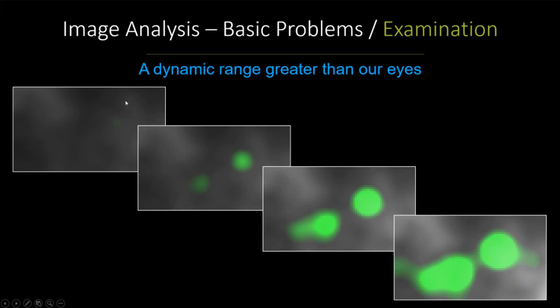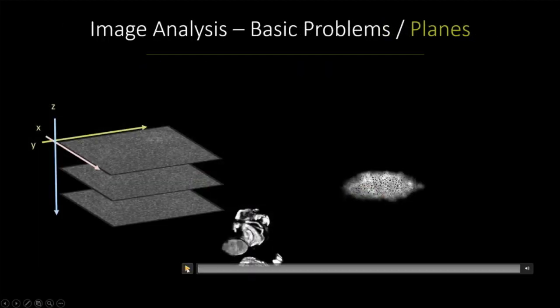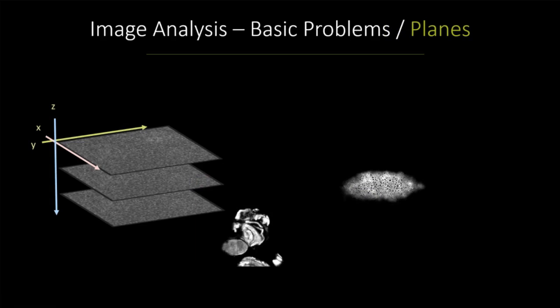And so one of the basic problems we have is how do we take a data set that's so rich in terms of the intensity value and examine it easily? And then another basic problem, and probably all of us are dealing with this nowadays, and probably why you attend this seminar, is the 3D problem.